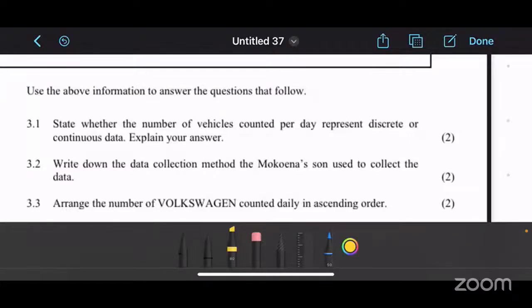Let's go to number 32. It says write down the data collection method Mukwena's son used to collect data. Ma'am, I said observation, since the son counted the vehicles while traveling for those 10 days.